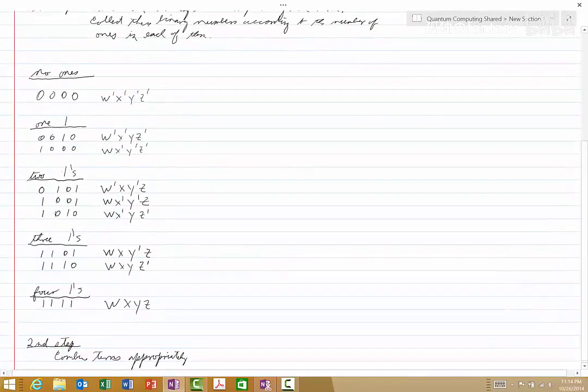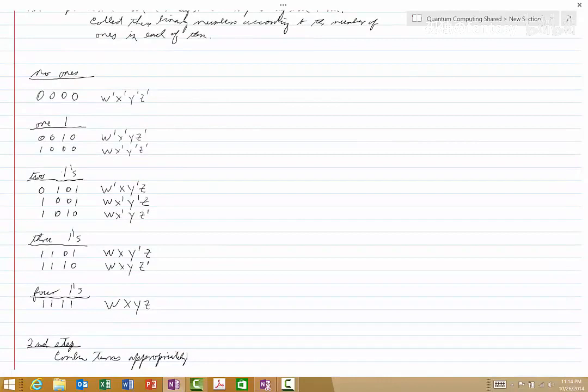Okay, well, I'll say second step. Combine terms appropriately. Now that's of course a little bit vague, but let me show you what I mean.